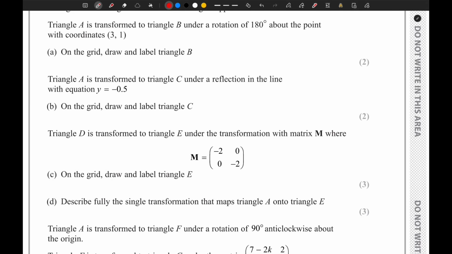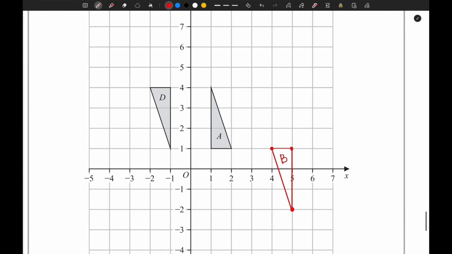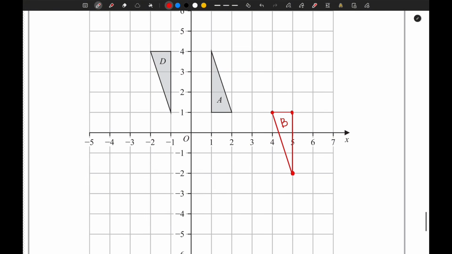Now triangle A is transformed to triangle C under reflection in the line with equation y equals minus 0.5. So let's first draw the line, which is y equals minus 0.5. So it will be around this part.